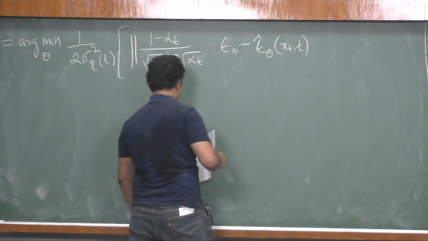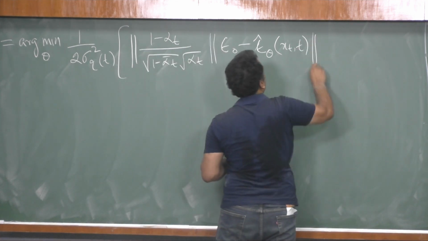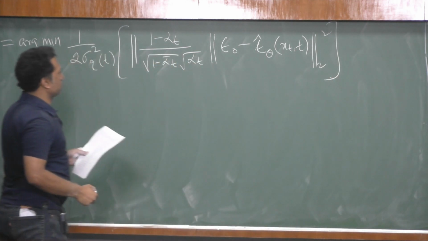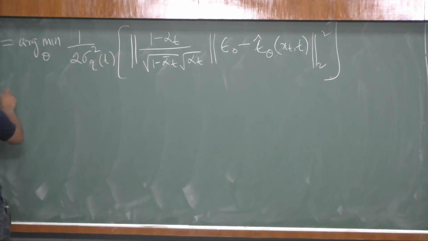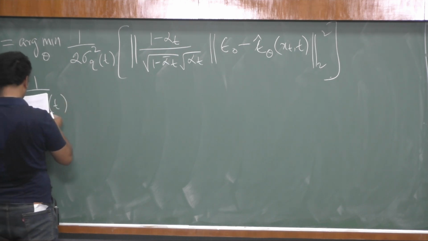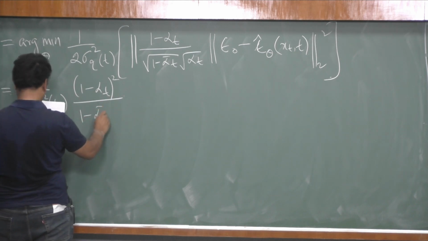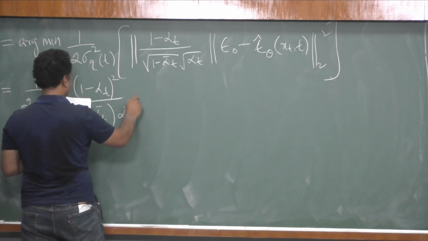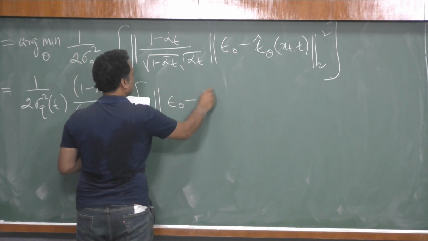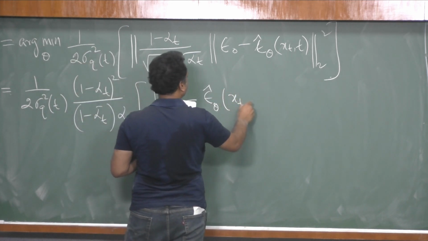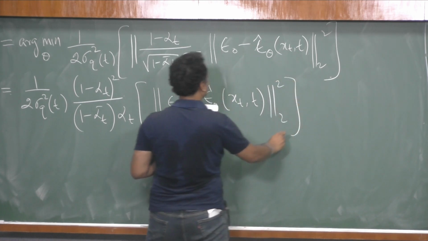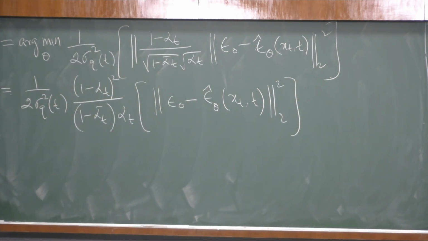The parenthesis is not needed, so basically this is the norm squared. And then we will take this constant term outside the norm, and since it's a square, it will become a square. So 1 by... so I have taken this constant out, and then we can substitute the sigma q if you want.